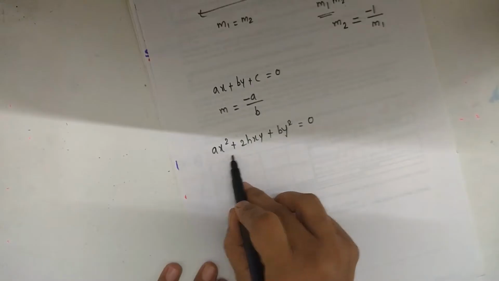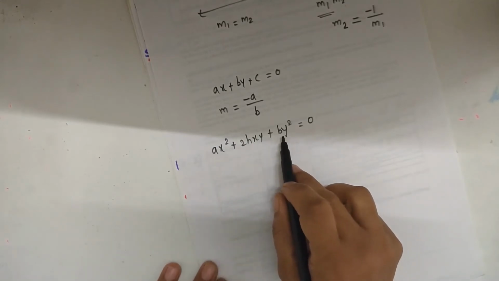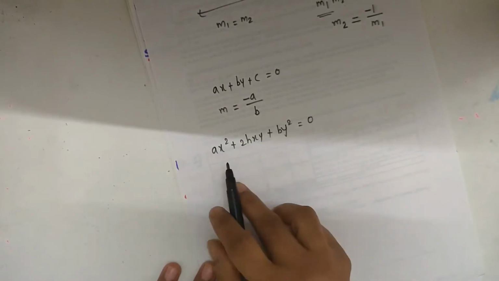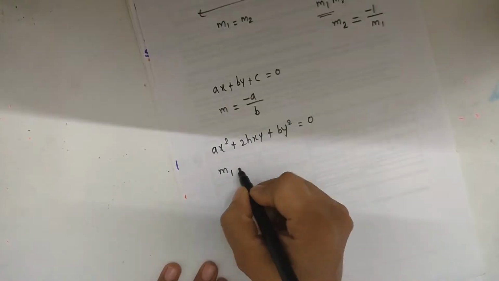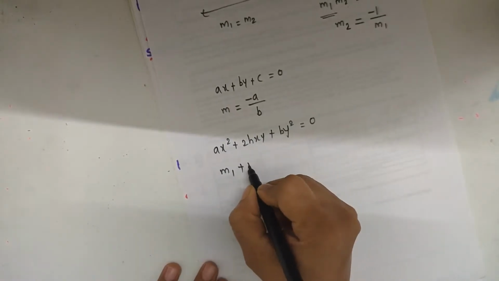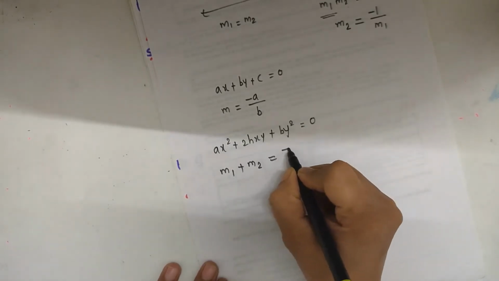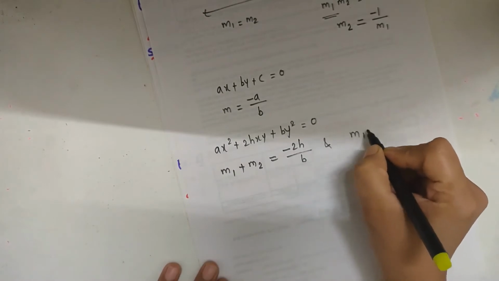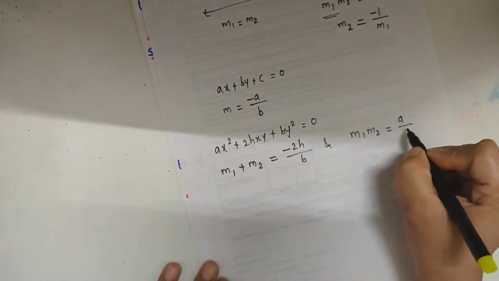This equation represents a pair of lines passing through the origin, and if m1 and m2 are the slopes of those lines, then the sum of slopes m1 plus m2 is equal to minus 2h upon b, and the product of their slopes m1 into m2 is equal to a upon b.